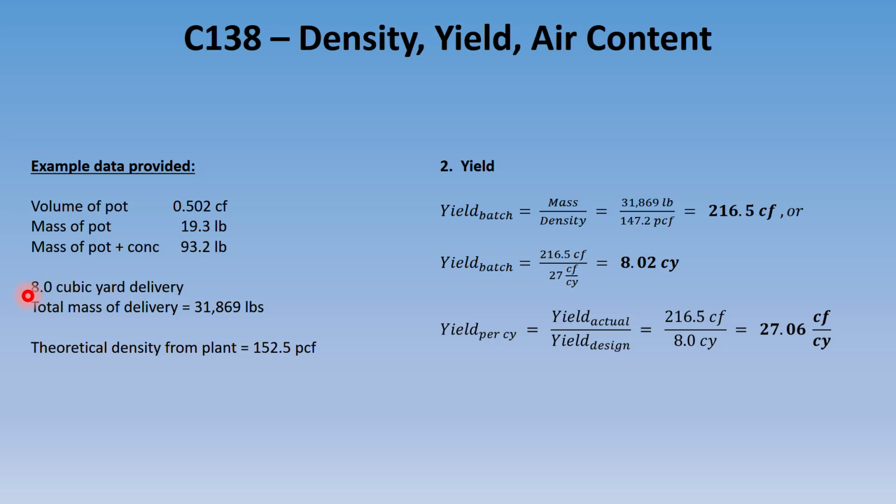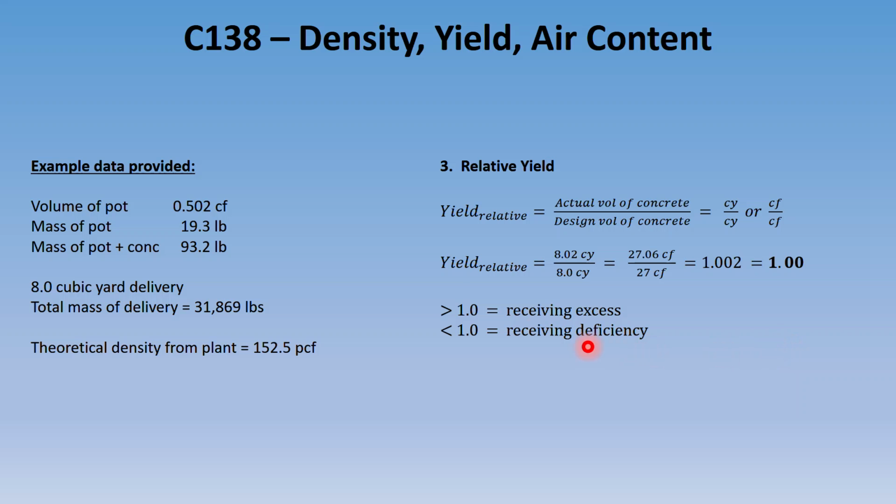That came from here in our project data. And 216.5 divided by 8 cubic yards tells us we're getting 27.06 cubic feet per cubic yard. And we can express these numbers then in a relative sense in our next step.